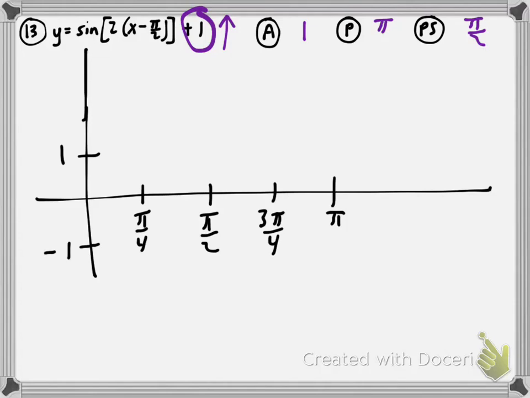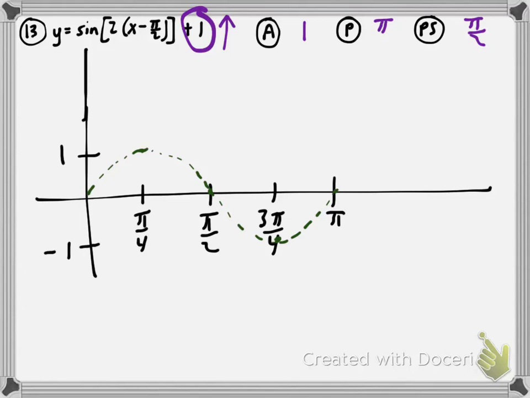Okay, and my sine graph, I've been doing it in green. Sine graph looks like this. I got a key point there, there, there, and there. Dotted. Okay, so there's the sine of 2x, but we have to take this graph and move it to the right pi over 2 radians.